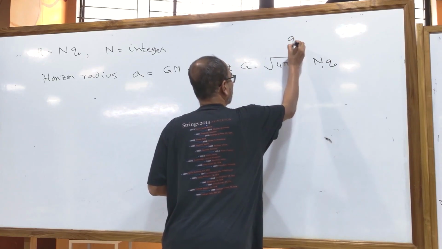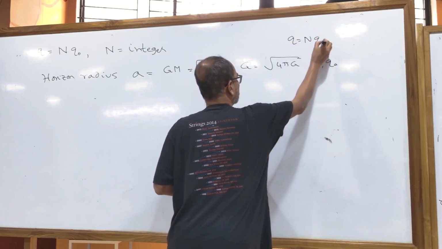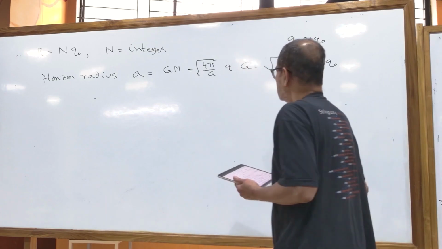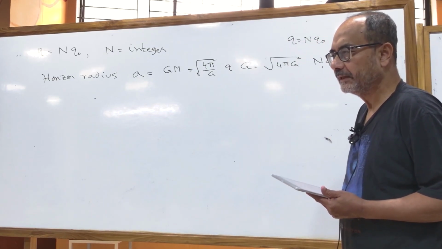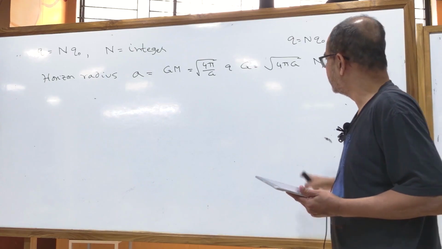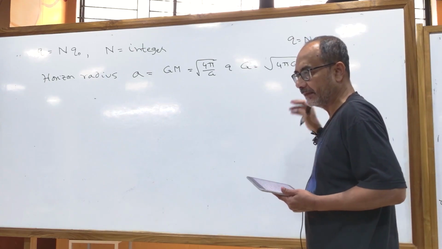Okay, I use Q equal to N Q naught. This clear? Let's calculate the horizon radius in terms of Q, N.